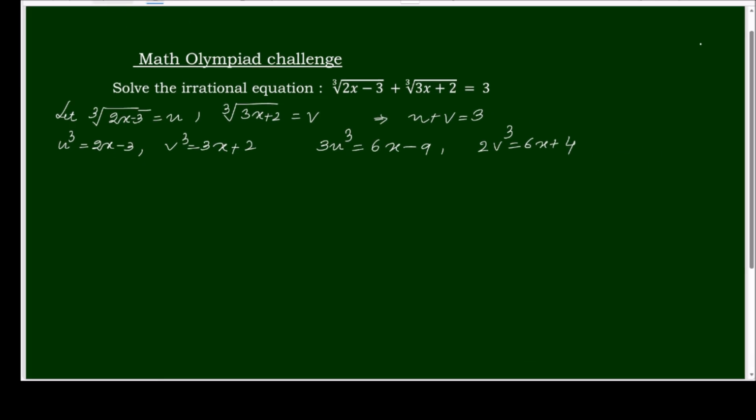I'll get the relation between u and v. Subtracting, 3u cube minus 2v cube equals minus 9 minus 4, which is minus 13.